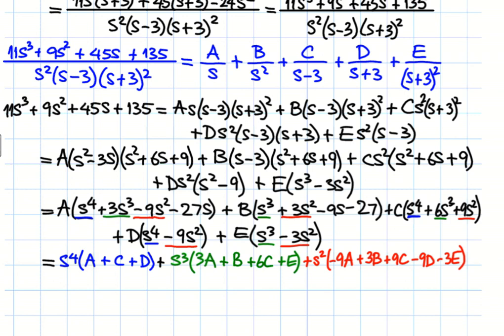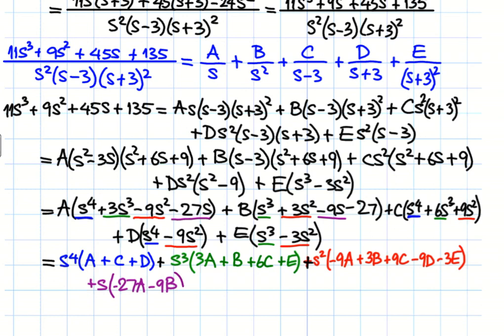We need a different color. Now we have s. So for s, we have negative 27 times a, negative 9 times b, nothing for c, nothing for d, nothing for e.